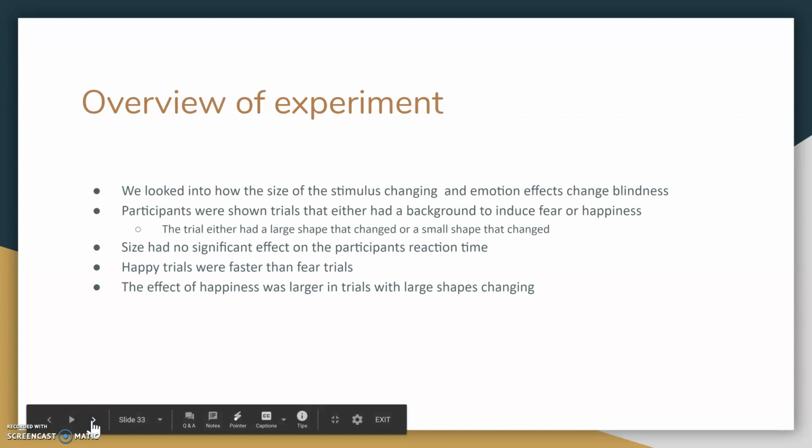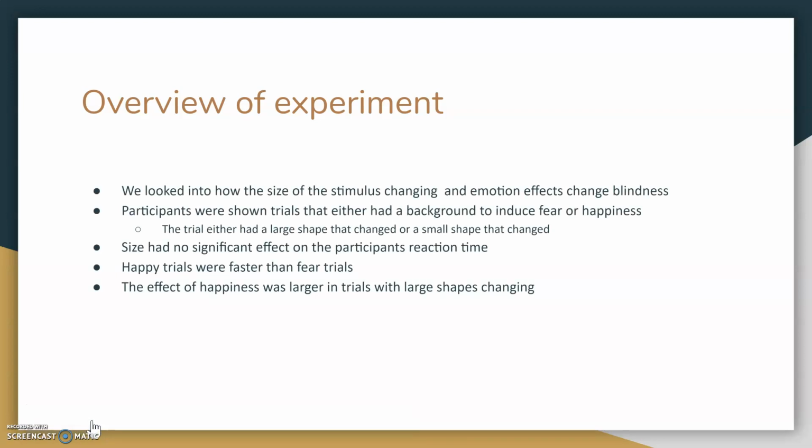So for a quick overview of our experiment, we looked into how size and emotions can affect the reaction times in change blindness tasks. The participants were shown trials that either had a background to induce fear or happiness, and then within that, each trial had a version where a large shape was changing and a version in which a small shape was changing.